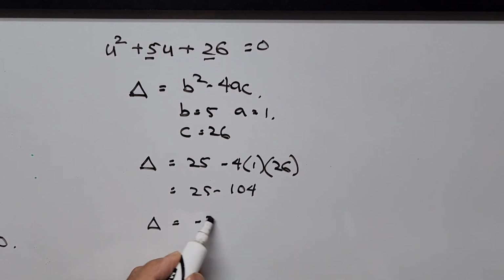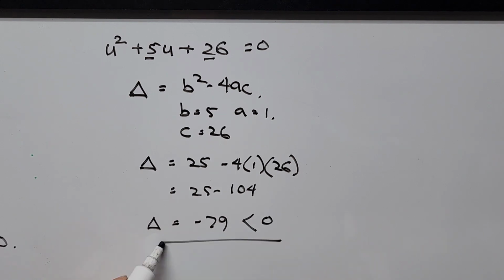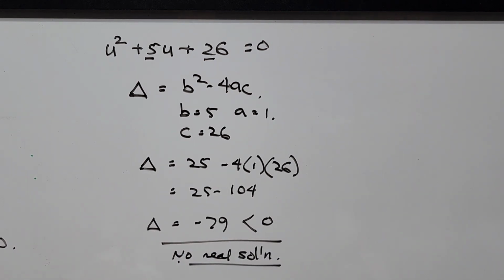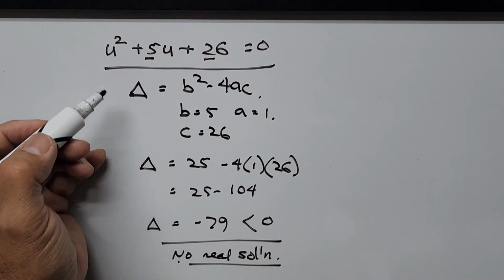That is negative 79. So this is less than 0. What does it mean by this? So this means that we have no real solution. No real solution to this. So we don't have real values of u on this quadratic equation.